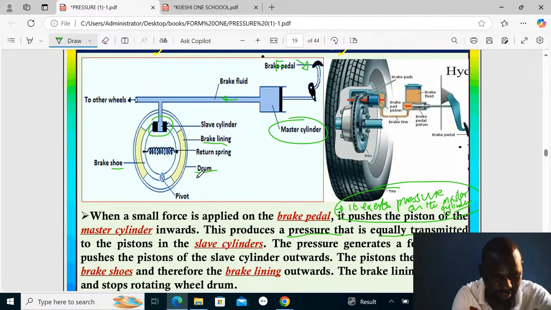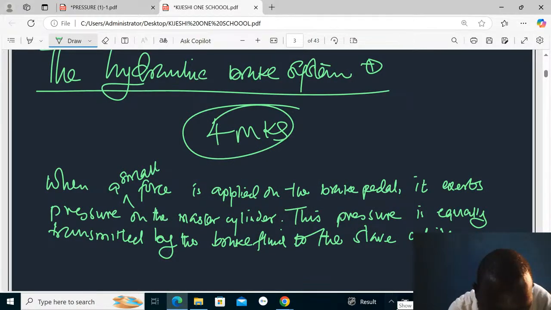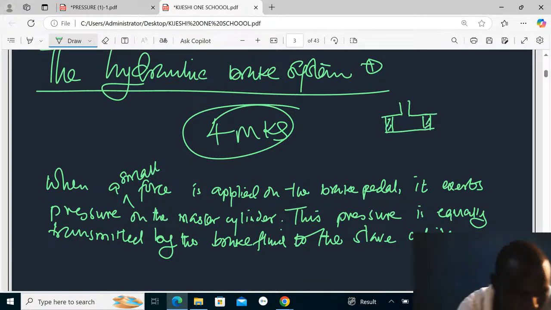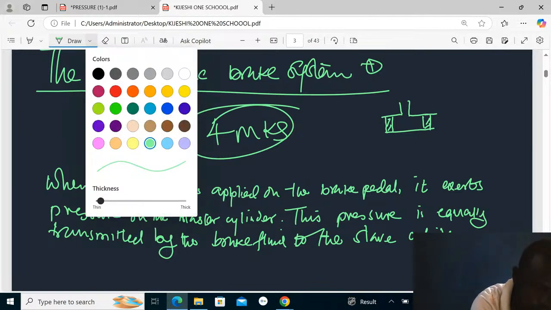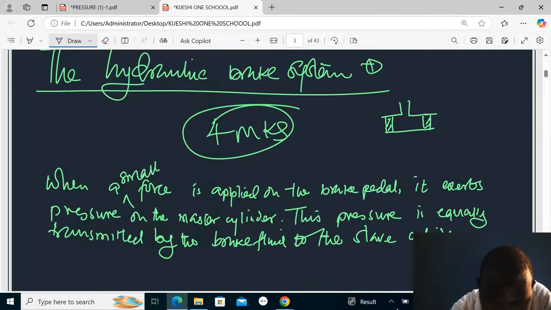So now we are in the slave cylinder. If you look at the slave cylinder, then it appears in this manner. Now this is the slave cylinder.